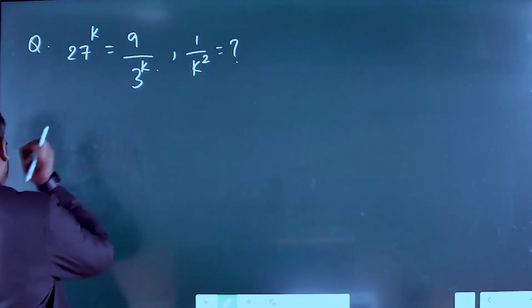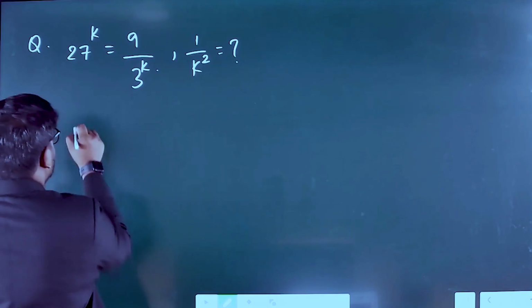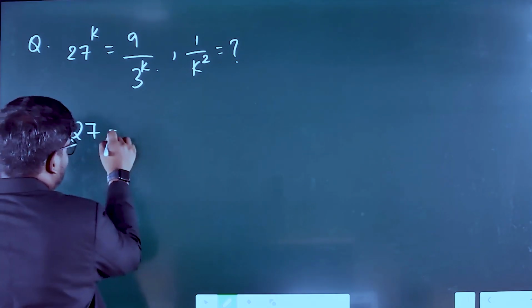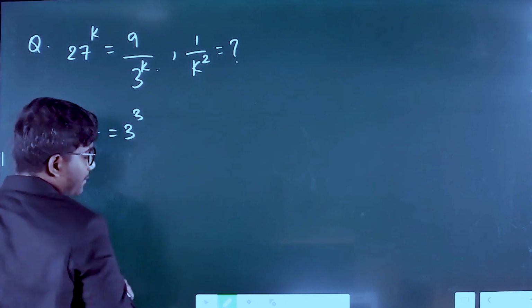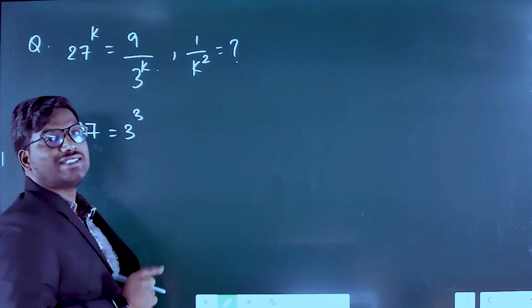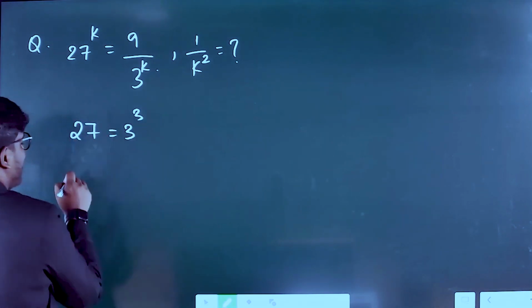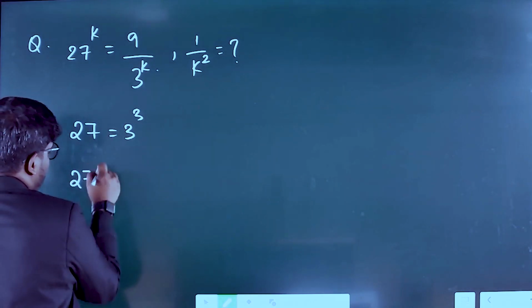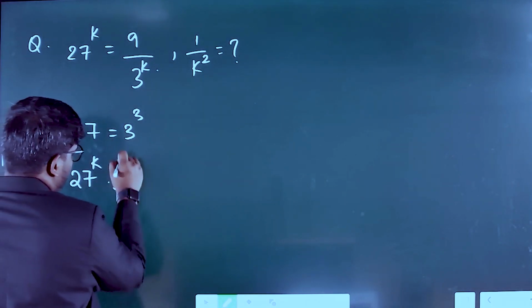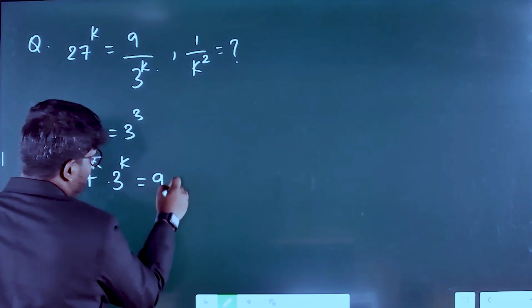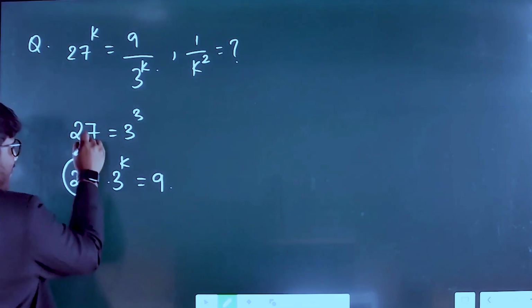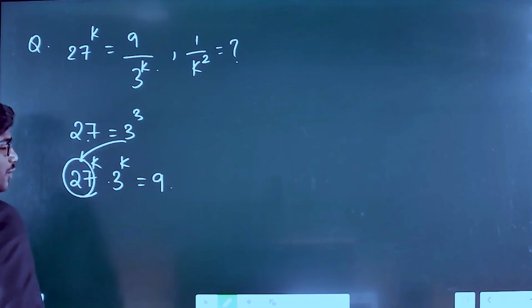So essentially, the key observation is 27 is 3 cube, right? Since 27 is 3 cube, (27 power k) into (3 power k) is 9. In place of 27, we will substitute 3 cube.